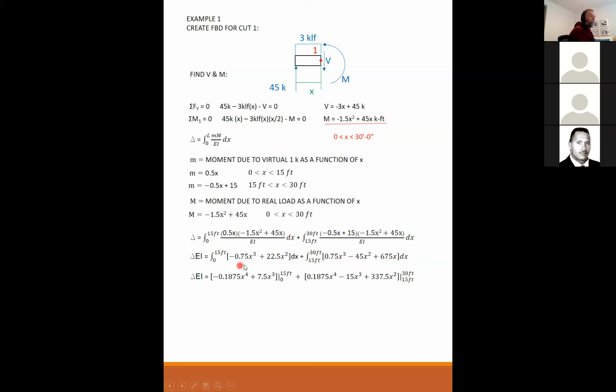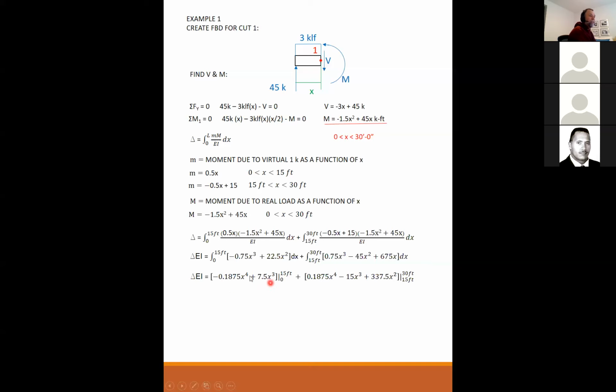So minus 0.75 x to the fourth divided by 4, 22 and a half x to the third divided by 3, 0 to 15, and so on and so forth. This is how you evaluate your integrals. At some point I took the EI, if you notice, and put it over on this side, because E and I are constant for this beam.